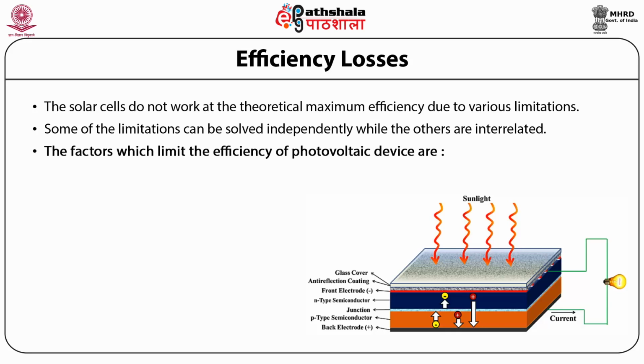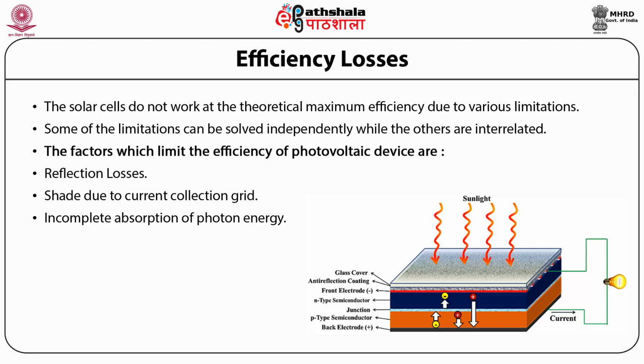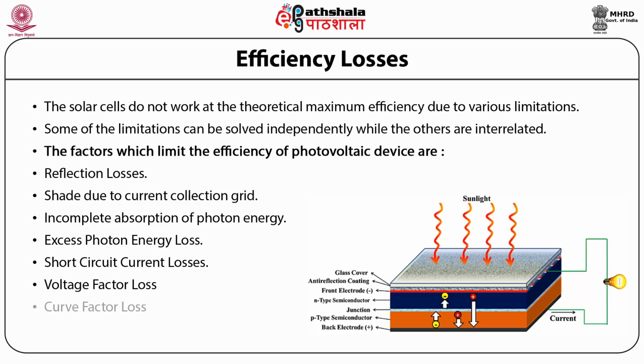The factors which limit the efficiency of the photovoltaic device are reflection losses, shade due to current collection grid, incomplete absorption of photon energy, excess photon energy loss, short circuit current losses, voltage factor loss, curve factor loss, series and shunt resistance losses. We will be discussing all these factors one by one.